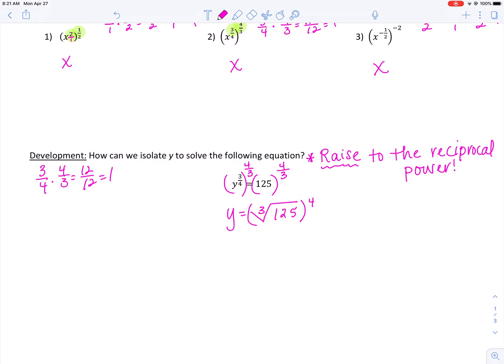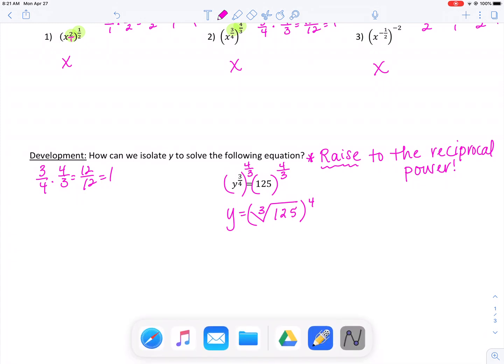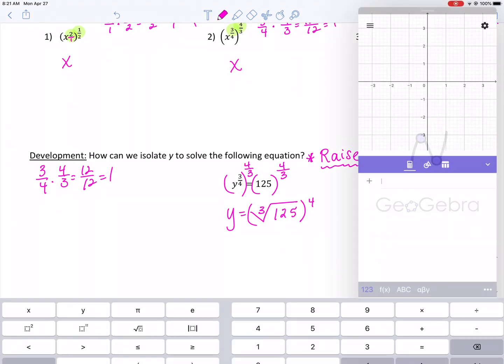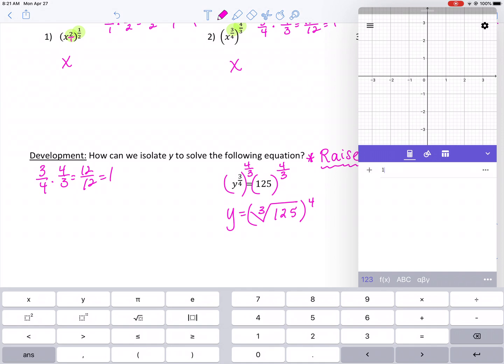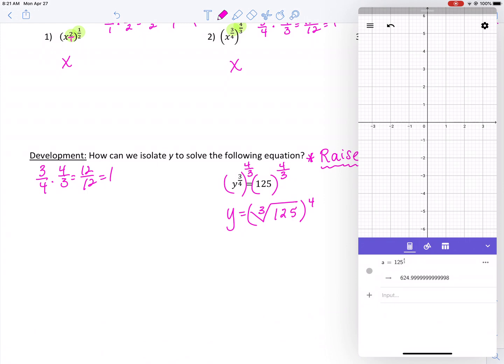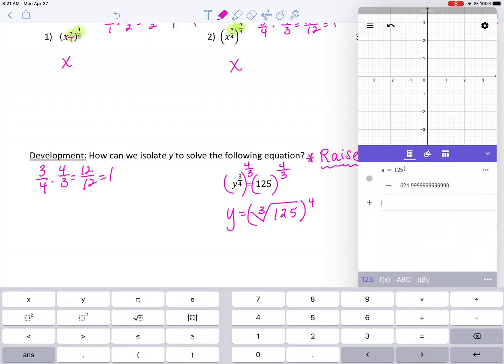Or what you also could do, which is even easier, is take 125 and raise it to the 4 divided by 3 power. Should be 625. I don't know why they round. I want to just show you the other way.